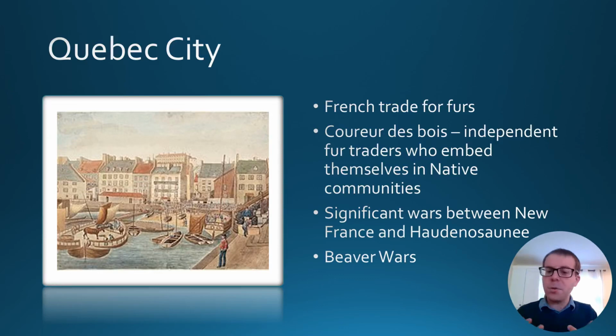But the French are still able to survive and still able to be successful through the efforts of the Coureurs de Bois, who are independent fur traders who go out and embed themselves in local Algonquin communities in modern day Illinois and in Anishinaabe communities in modern day northern Michigan and Minnesota as well.